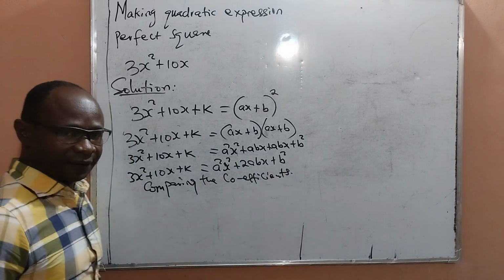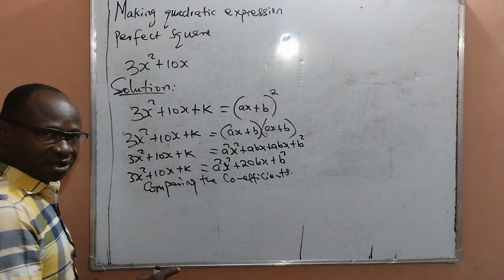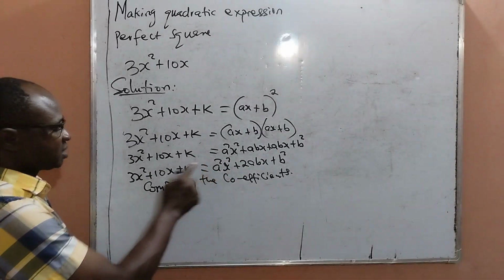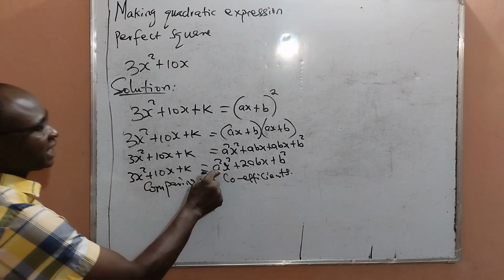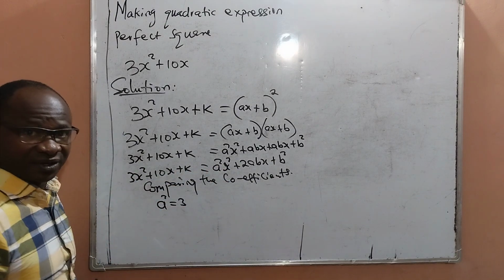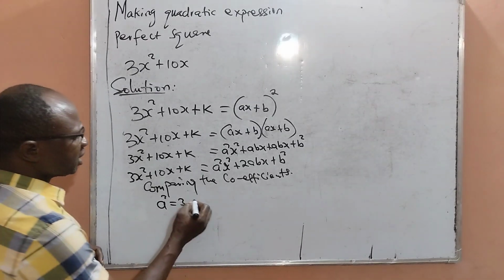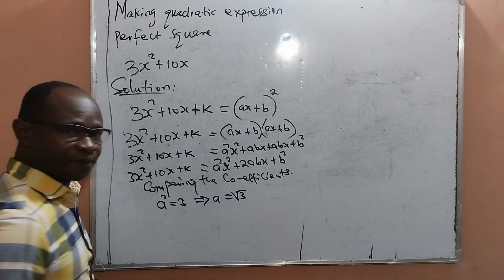And what does that mean? If you look at this here, the coefficient of x squared is a squared, and from the left hand side, the coefficient of x squared is 3. That implies that a squared is equal to 3 by comparing the coefficients. It also means that the value of a alone should be the square root of 3.